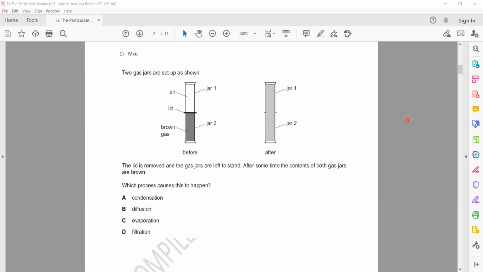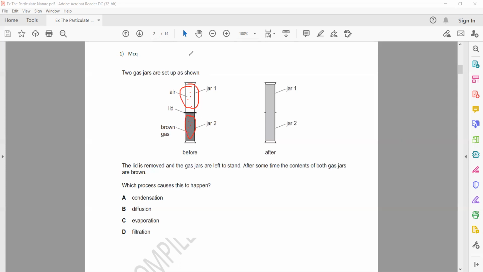So there's a brown gas at the bottom and air is present at the top. When we remove the lid, it turned out to be brown overall. So which process caused this to happen? Basically, the brown gas particles are dispersed in air, which is colorless. So we have a high concentration of air and a high concentration of brown gas.